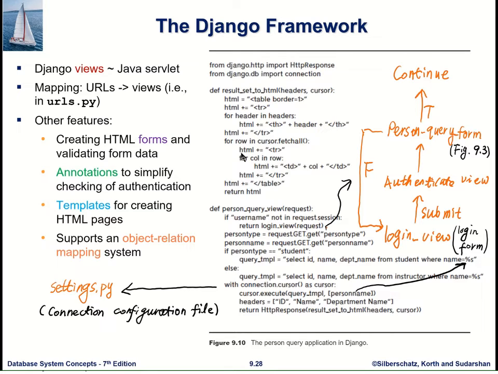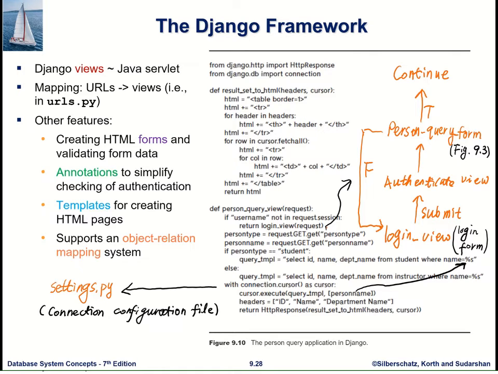So once done, we finish this one row, and then we loop over all of the rows, and after that we conclude the table, corresponding to this one, and then return this HTML string. This will just do the result output.